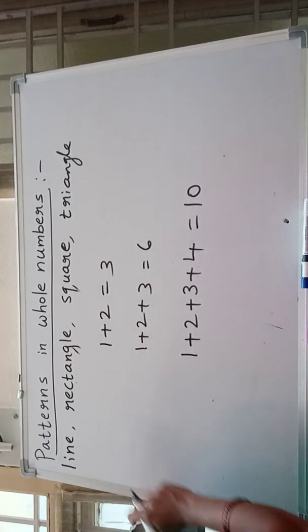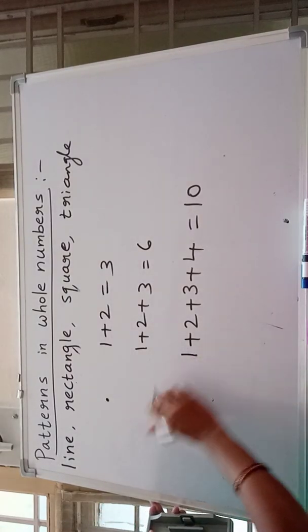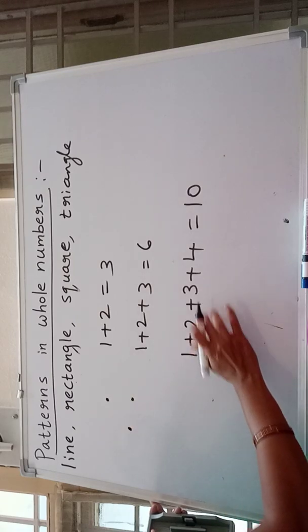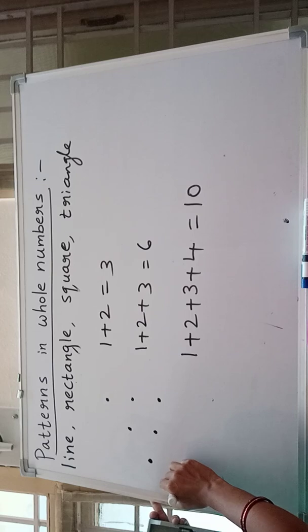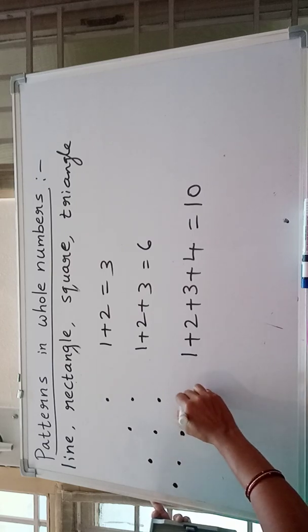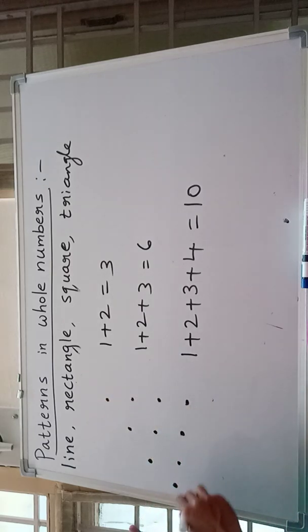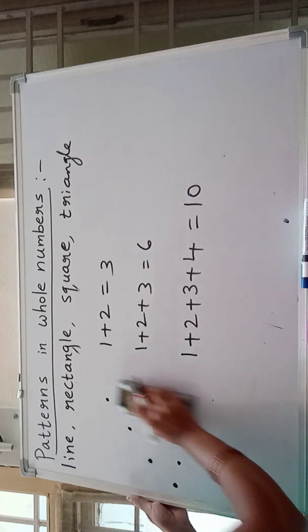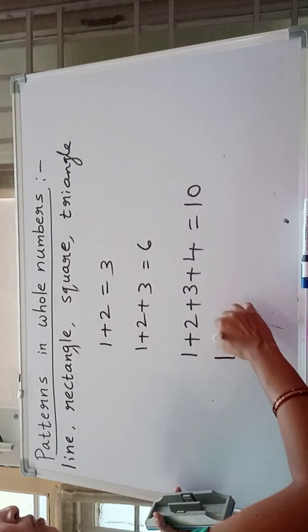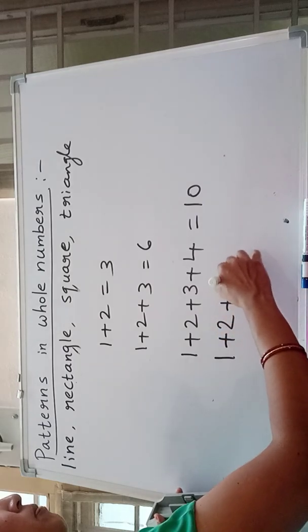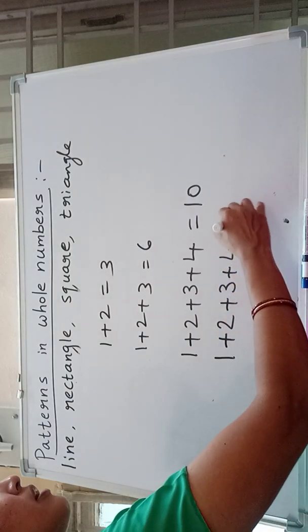Again observe. First 1 dot, then next 2 dots, then next 3 dots, after that 4, then total 10. With 10 dots a triangular shape is possible. Then if you want the next triangular number, what should we do? To this 1 plus 2 plus 3 plus 4, you add 5.